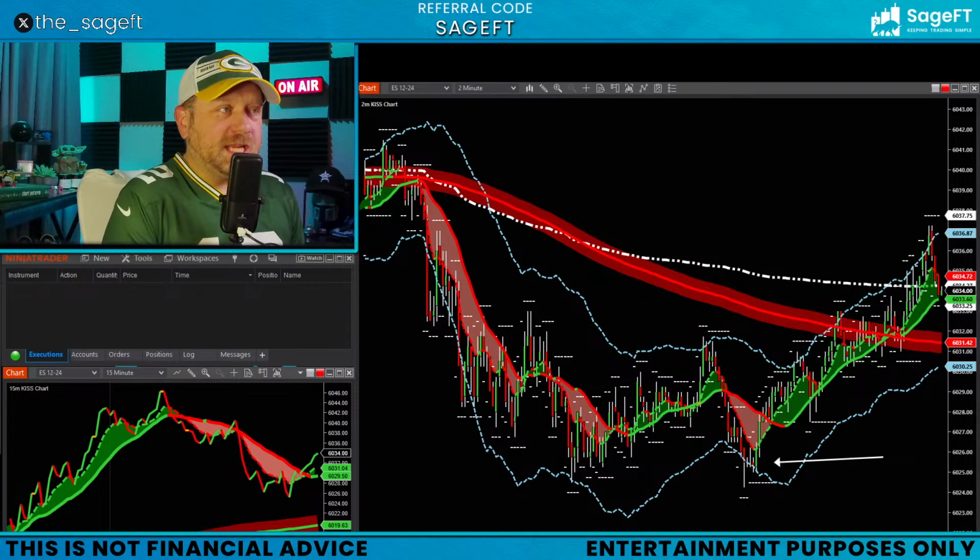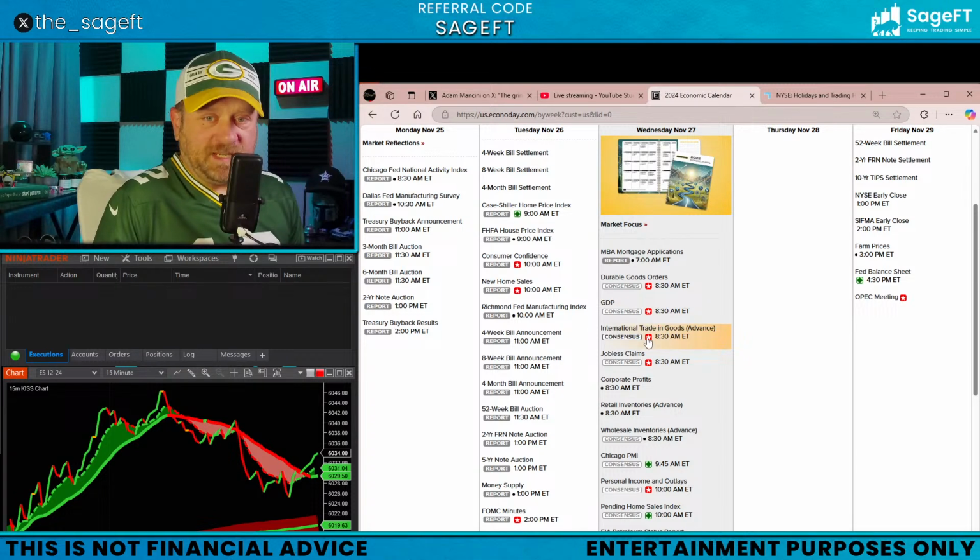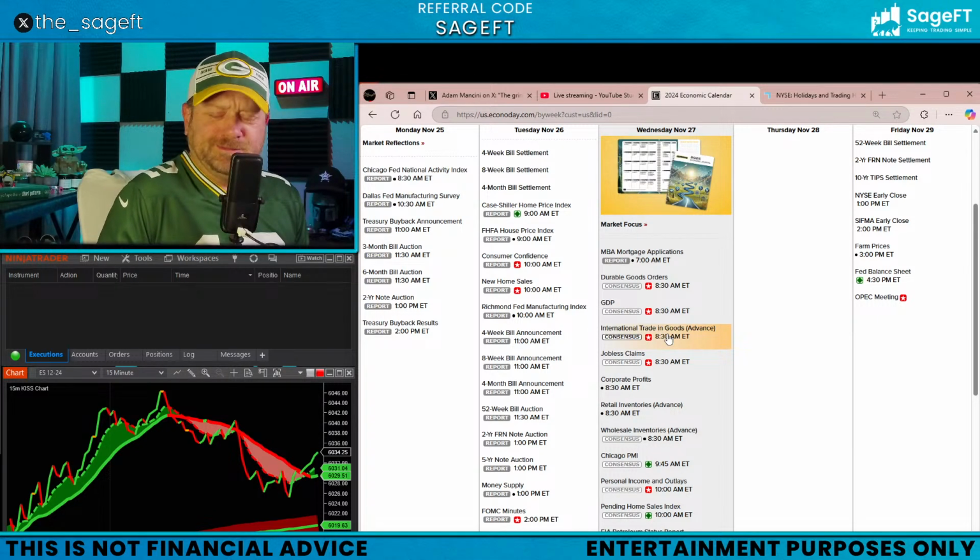V Pocket 2825. Very, very small profile. We've only got 23 points of range. Could that change after these imminent reports: durable goods, jobs numbers, GDP, and international trade in goods.